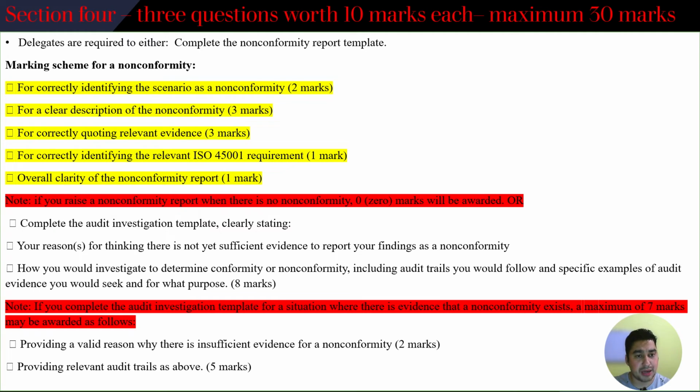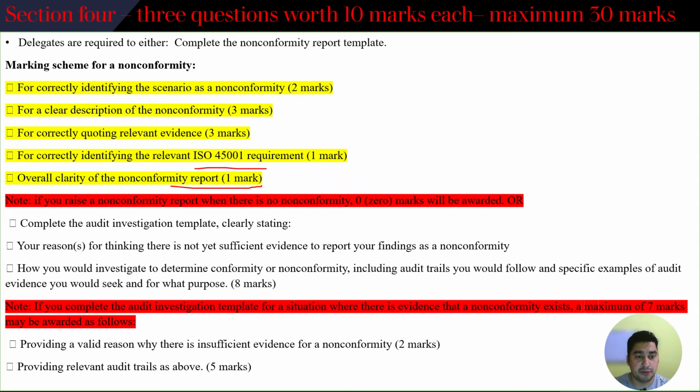For a clear description of the non-conformity you will get 3 marks, and for correctly quoting relevant evidence, 3 marks. The questions will ask you for some evidence, and if you use that evidence correctly you get 3 marks. For correctly identifying the relevant ISO 45001 clause requirement, you will get 1 mark. For overall clarity of the non-conformity report, you will get 1 mark. So this is the marking criteria if you identify it as a non-conformity.